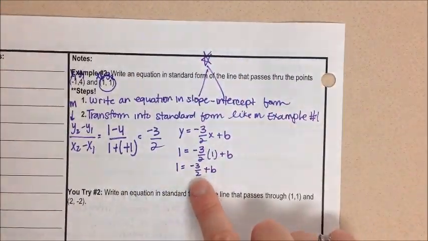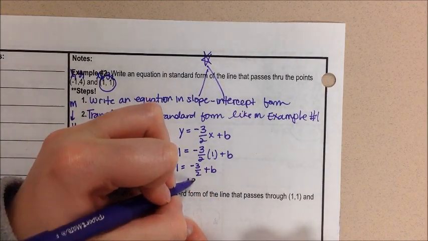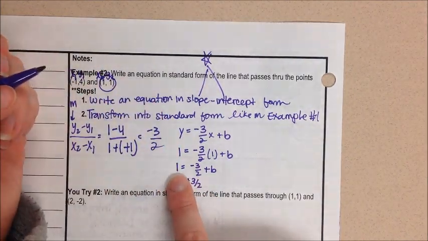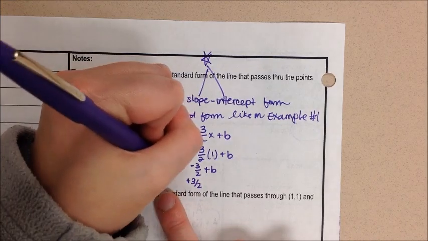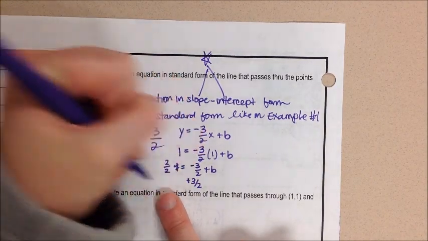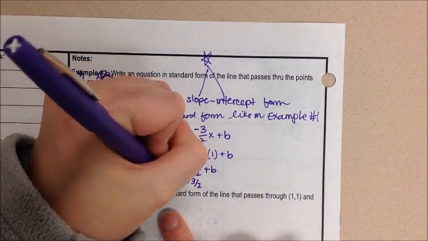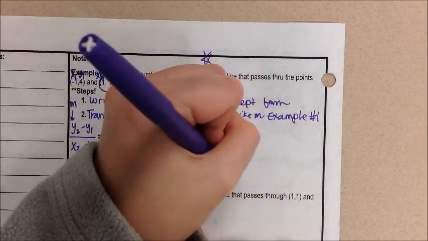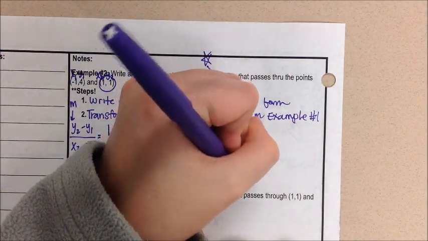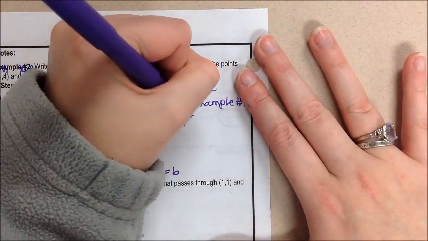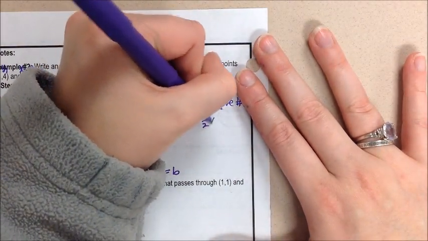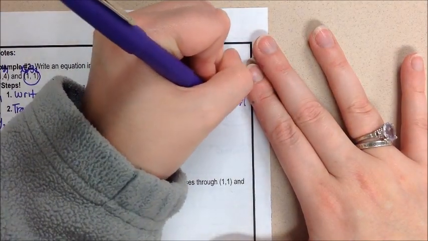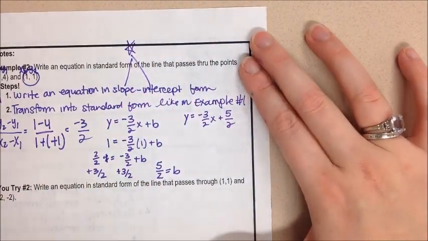And then to solve this, I'm going to have to add 3 halves to both sides. Well, 1 is the same as 2 over 2. So if I add 3 over 2 to that, I get 5 over 2 equals b. Okay, so now I need to take both of those. Y equals negative 3 halves x, so I put my slope in and put my y-intercept in.